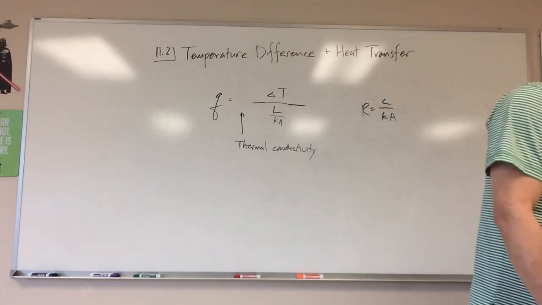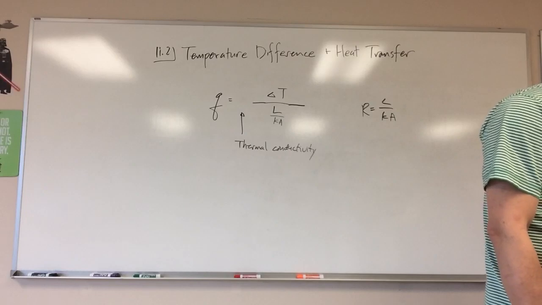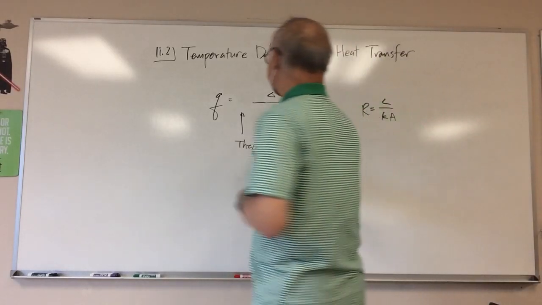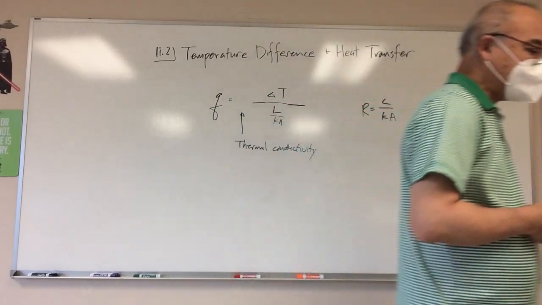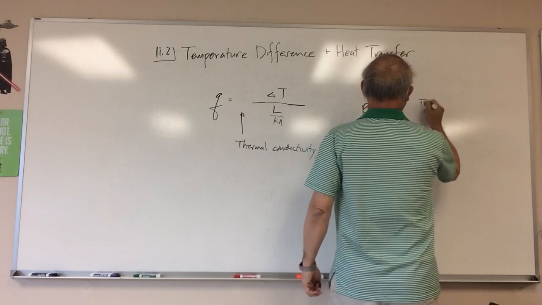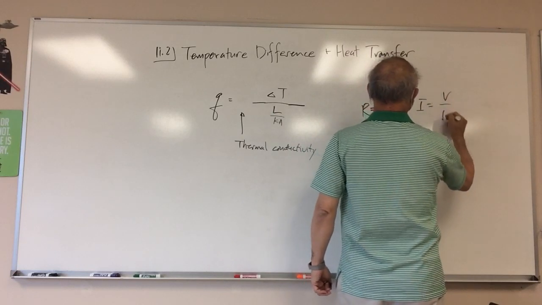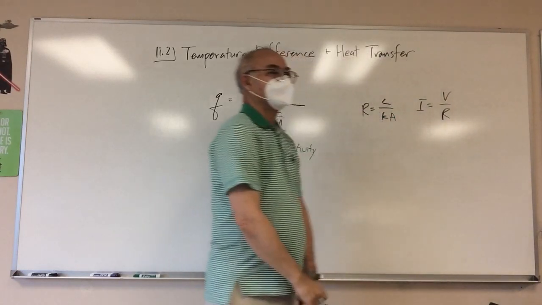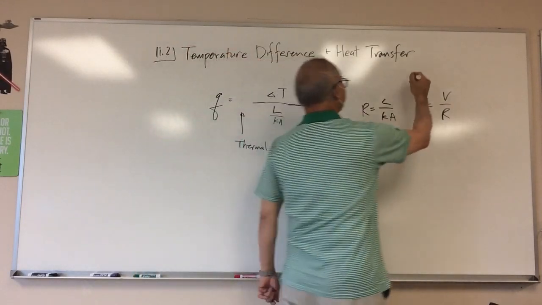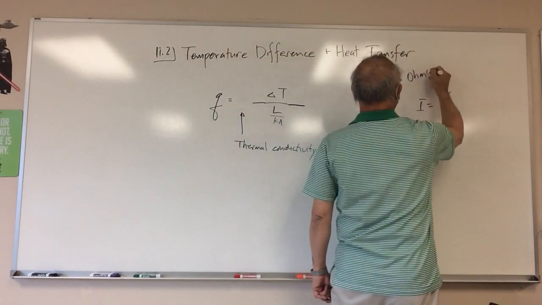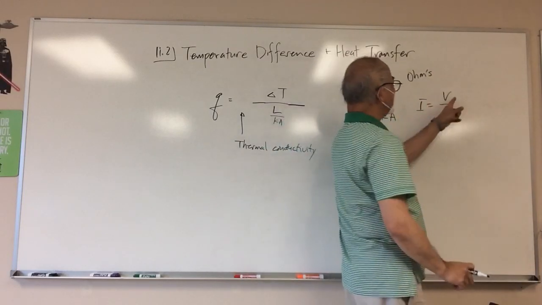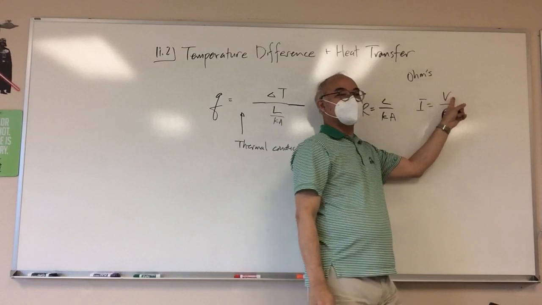Let's flip the page to page 368. It gives you an analogy of how this equation is like Ohm's law. Ohm's law is this. Can anybody tell me what the unit of this is?